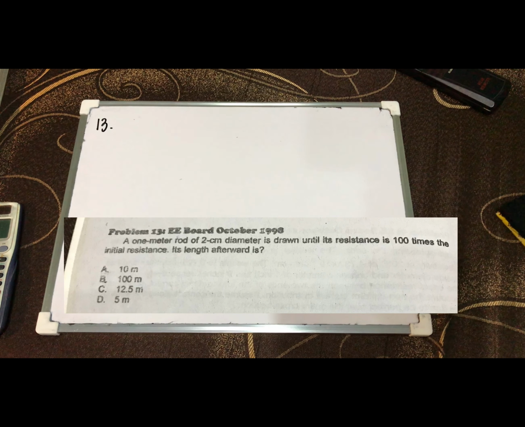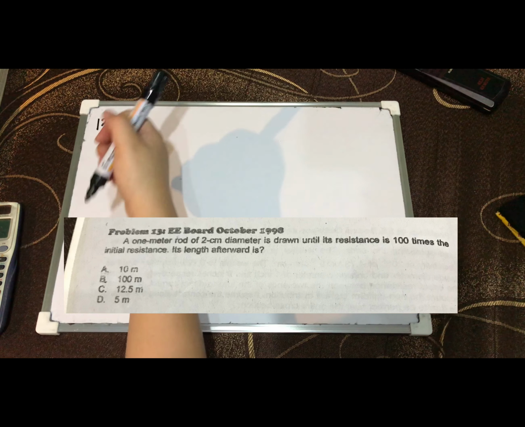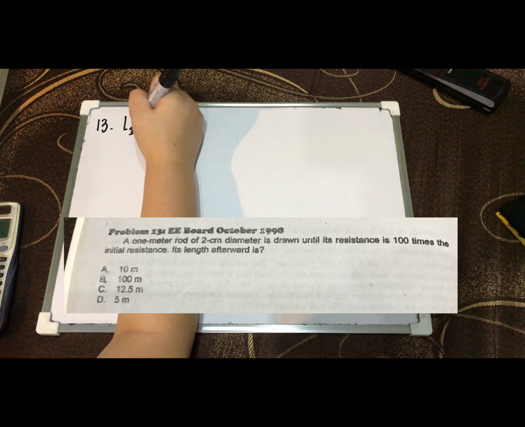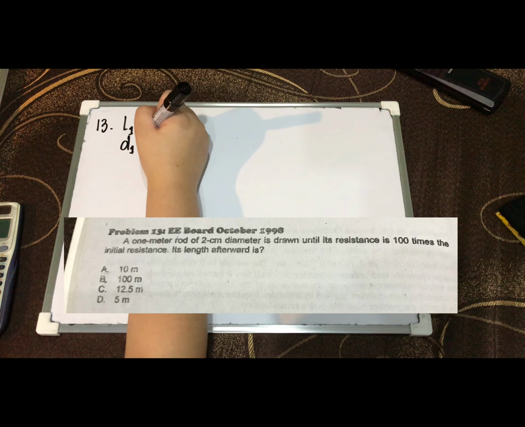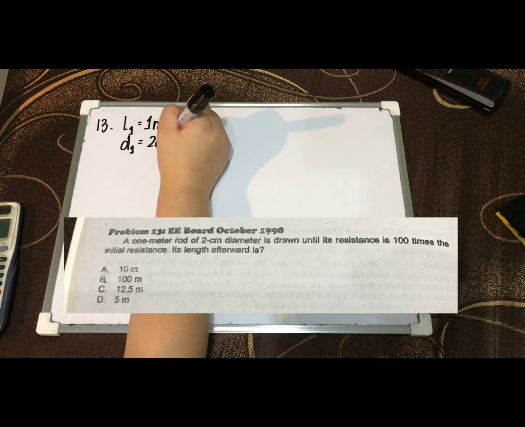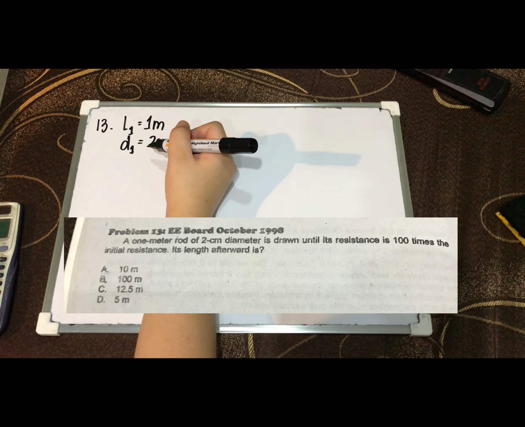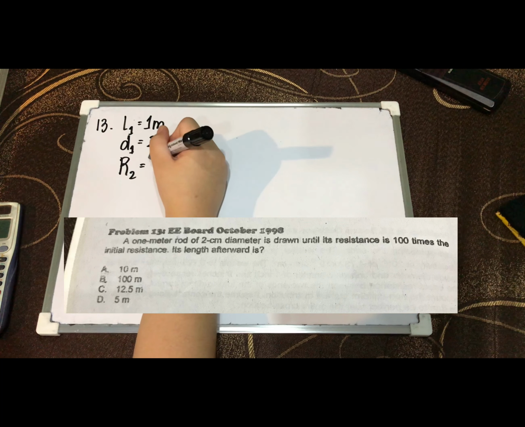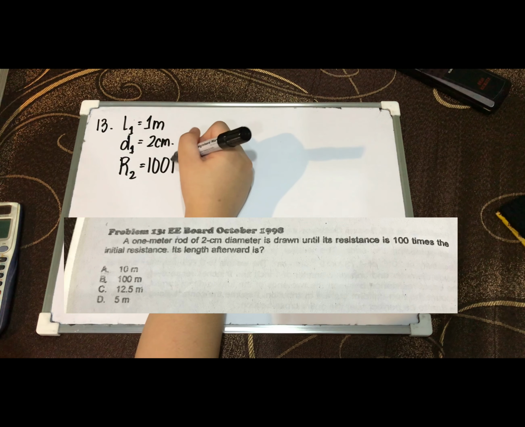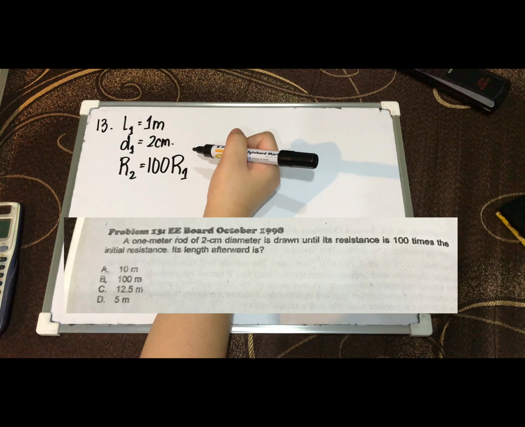Problem number 13. A 1 meter rod of 2 cm diameter, length 1 natin ay 1 meter, and then diameter 1 natin ay 2 cm, is drawn until its resistance is 100 times the initial resistance. So, R2 is equals to 100 times the initial resistance or R1.